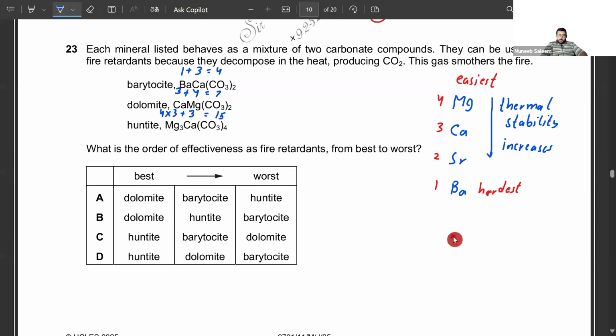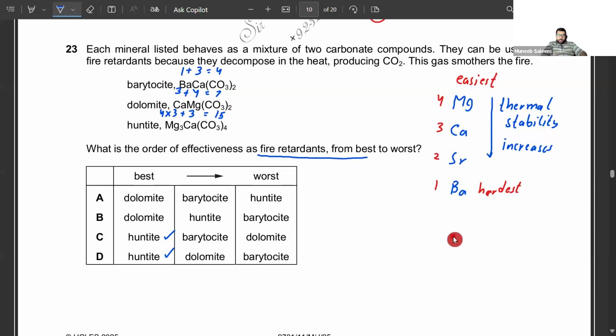That means it is easiest to break down the huntite compound, and it will be working as the best fire retardant. The best fire retardant is the huntite because it has those elements which are easier to be decomposed upon heating. So I'm putting ticks in front of huntite as the best.